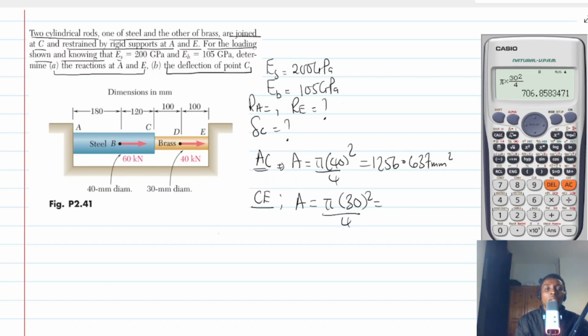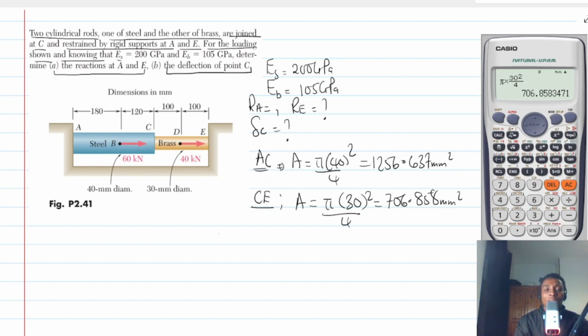And that will give me 706.858 millimeters squared. So now I have the areas. All right. So now what can we say? We know that E is what?